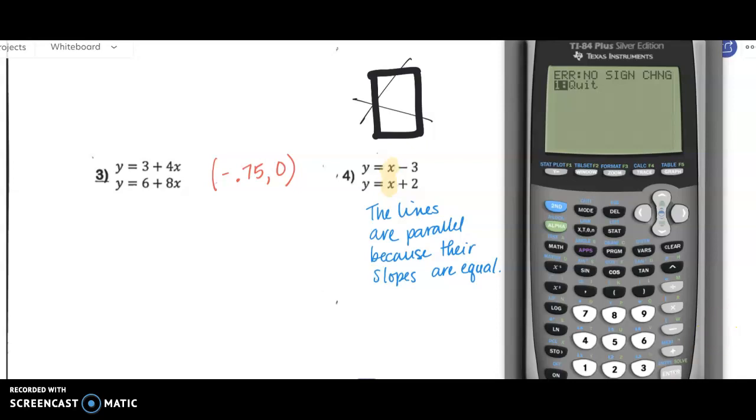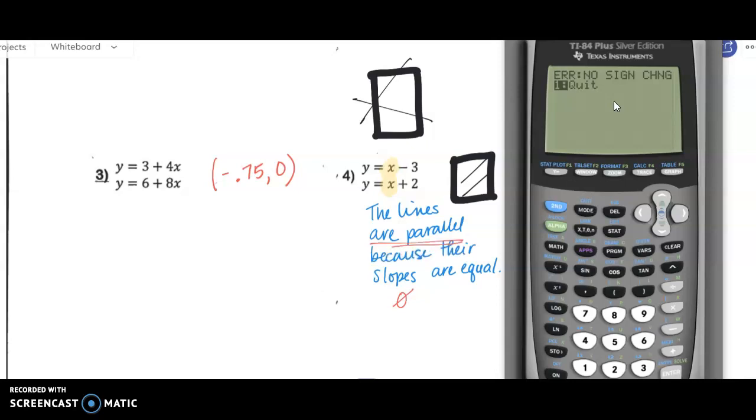Now, if you look on this one, our two lines were definitely going more like this to imply that they're parallel. You need to understand that these have the same slope. So when it gives me this error message, it's confirming that there should be no solution because the lines are parallel.